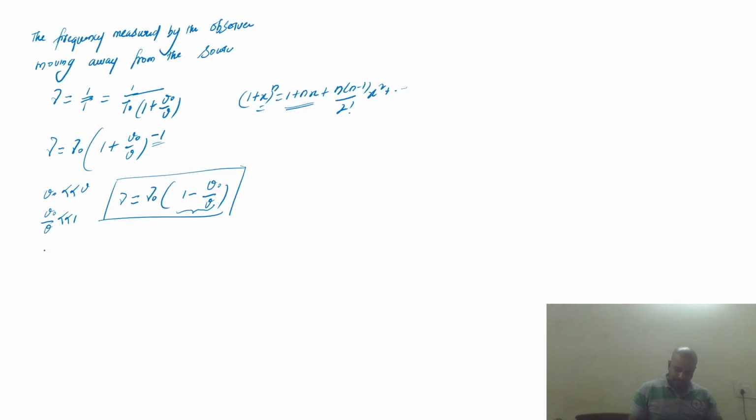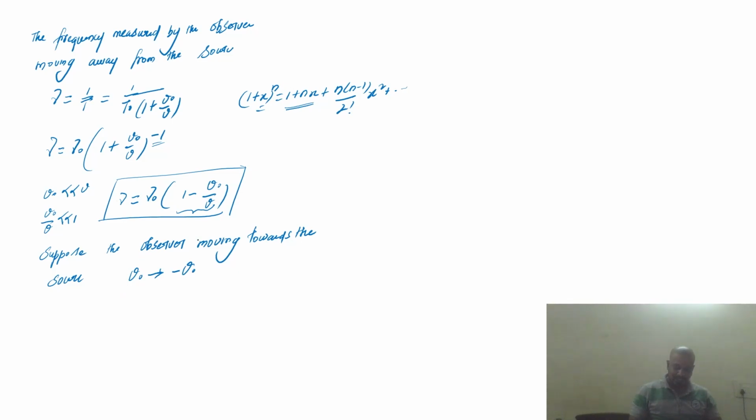So in the case where the observer is moving towards the source, the velocity v naught you can replace by minus v naught. That is one thing we can do, or else we can do it formally.